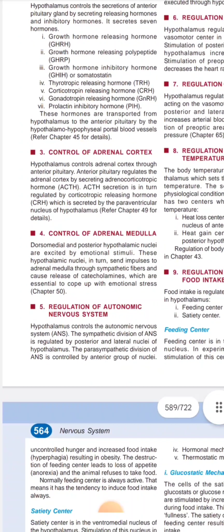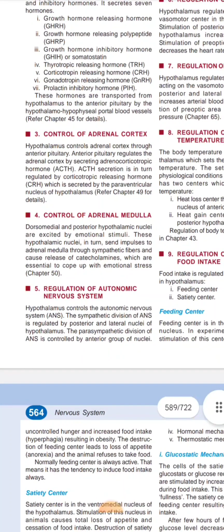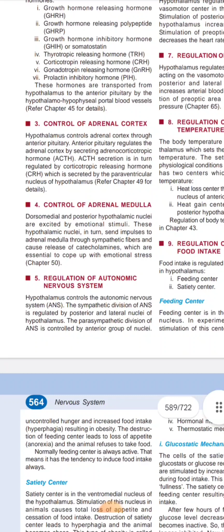Next, control of adrenal cortex. The adrenal cortex secretes cortisol, and this cortisol secretion is regulated by ACTH hormone. See here, hypothalamus controls adrenal cortex through anterior pituitary. Anterior pituitary regulates adrenal cortex by secreting ACTH, that is adrenocorticotropic hormone.